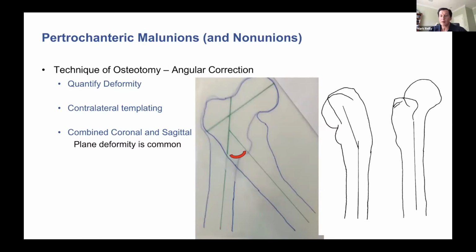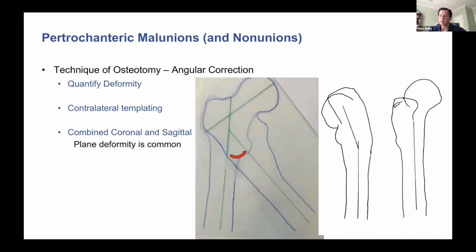So how is our planning different from that for a femoral neck non-union or an atraumatic proximal femoral deformity? Well, it's not really that different, except that we have a sagittal plane deformity quite commonly that we really have to address. So the coronal plane deformity, we can utilize the techniques that we've seen so nicely discussed, templating from the contralateral side to determine our angular correction.